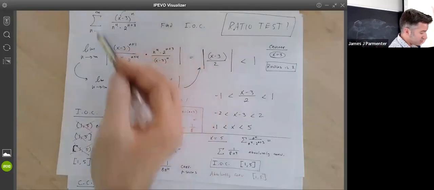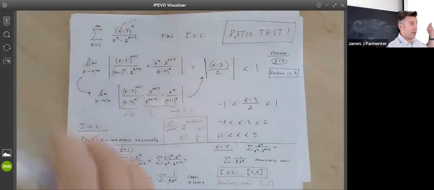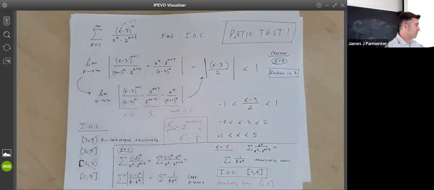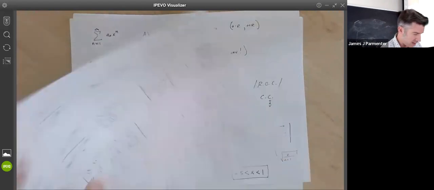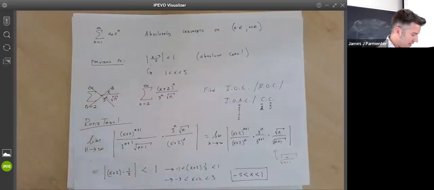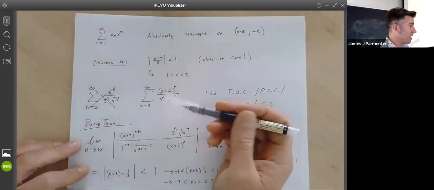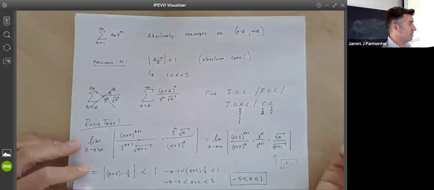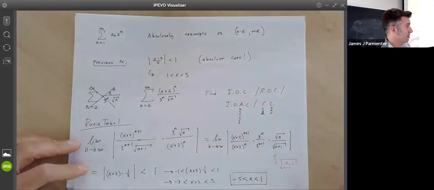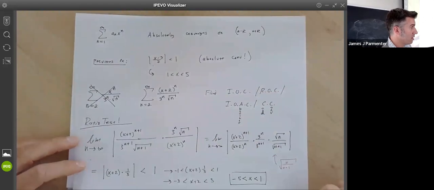So I knew that when I made this one up, it was going to absolutely converge at each endpoint, because 1 over n to the 4th is an absolutely convergent series, and -1 to the n over n to the 4th is an absolutely convergent series. Whereas when I made this one up, I know that when I'm left with the 1 over root n, that's divergent, and the -1 to the n over root n is conditionally convergent.